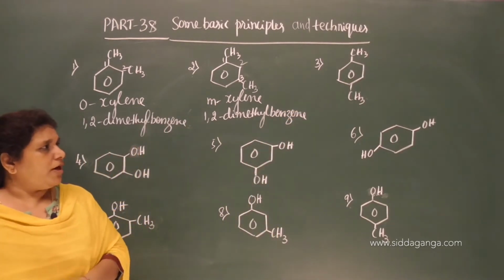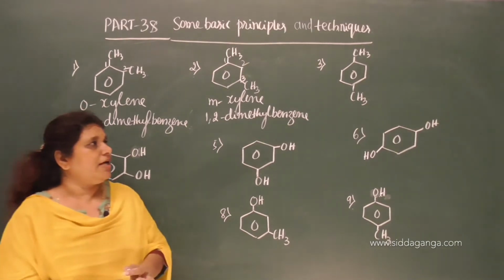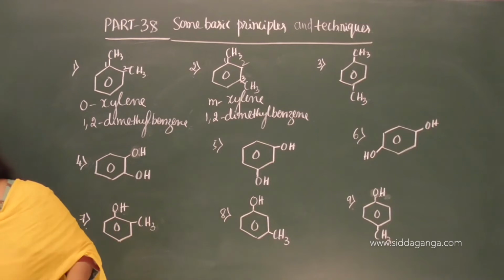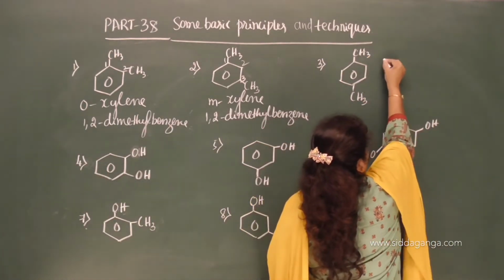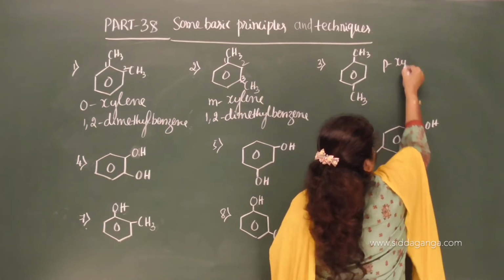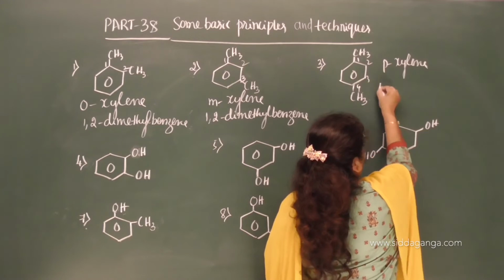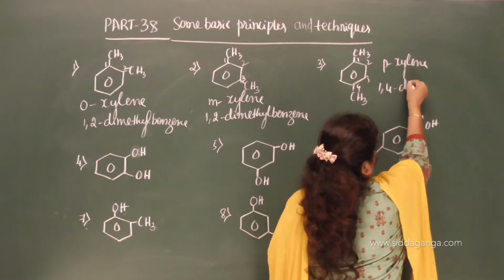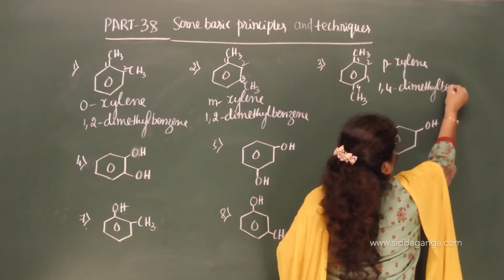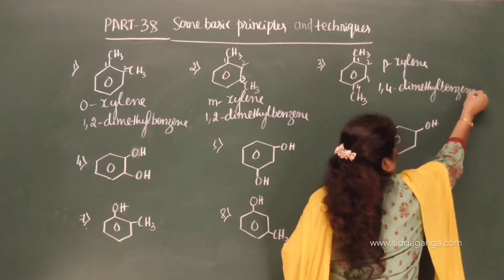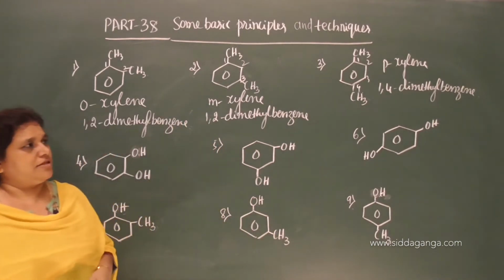Now, move on to the third compound. It is opposite carbon atoms. Therefore, p-xylene, paraxylene. 1, 2, 3, 4, 1,4-dimethyl benzene. Benzene is the root word. So 1,4-dimethyl benzene. Clear?